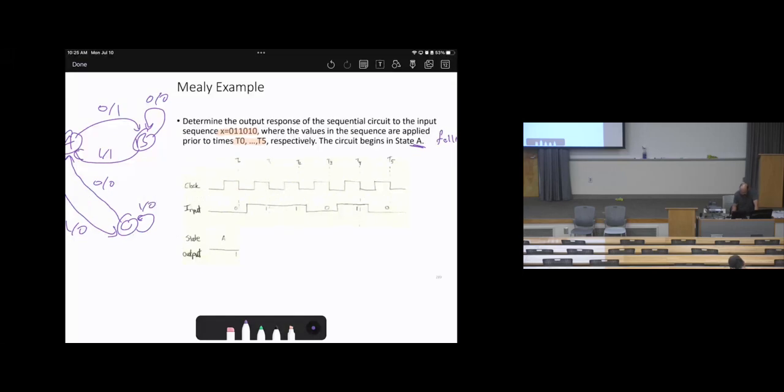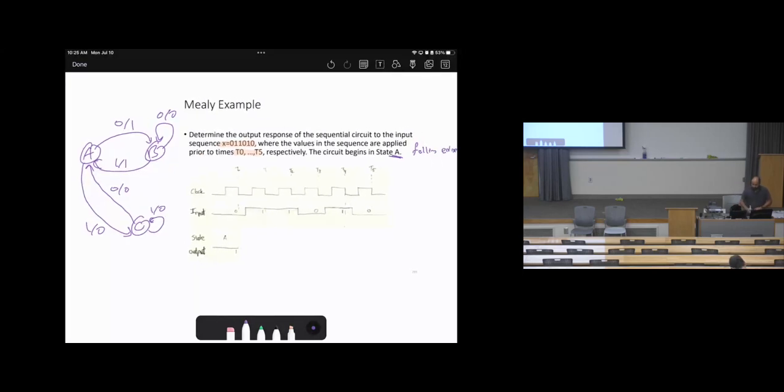I'm just assuming this is the state diagram, and we need to use the state diagram to make our state table, to draw the timing diagram with it. So the initial condition is state A, and the updates happen at the falling edge.